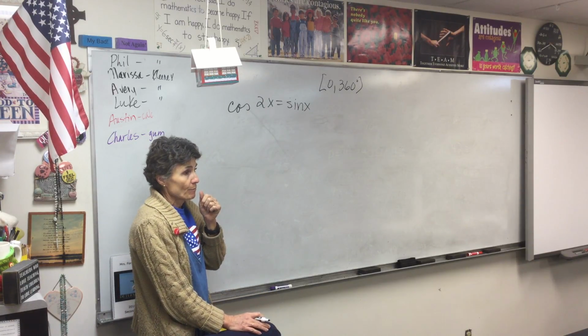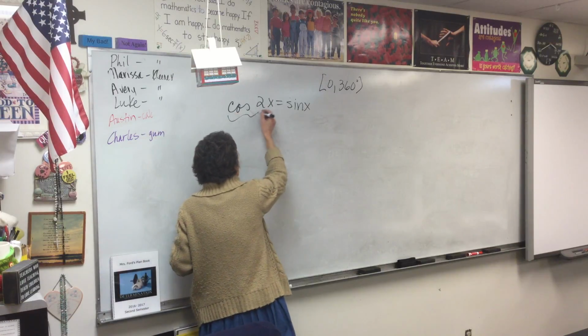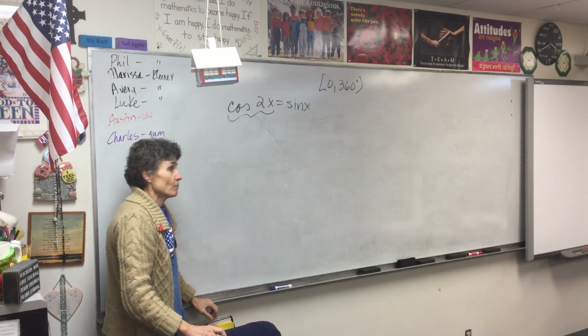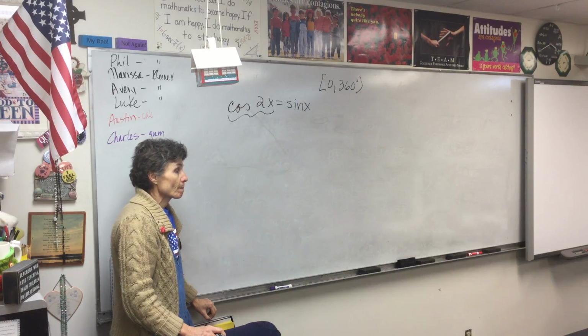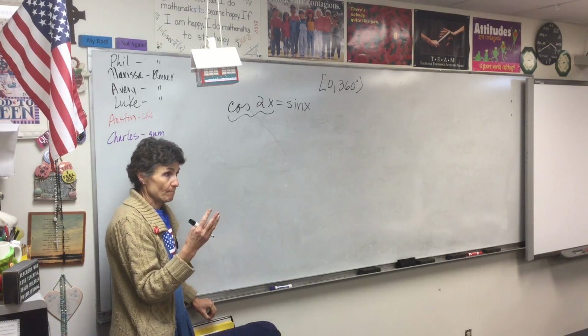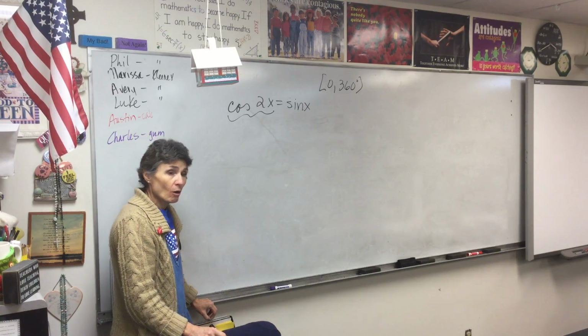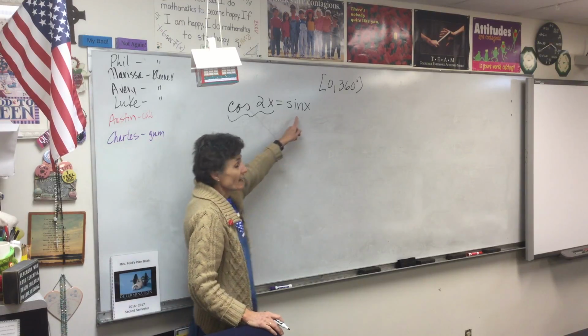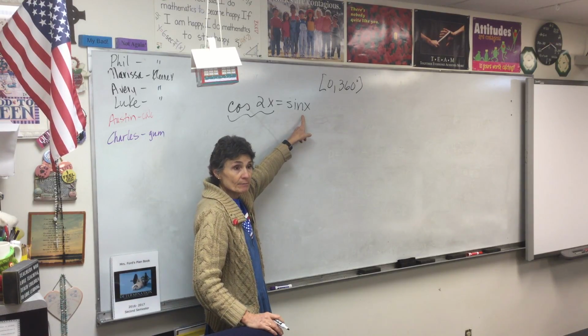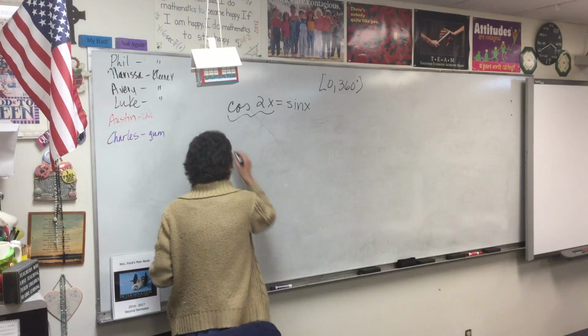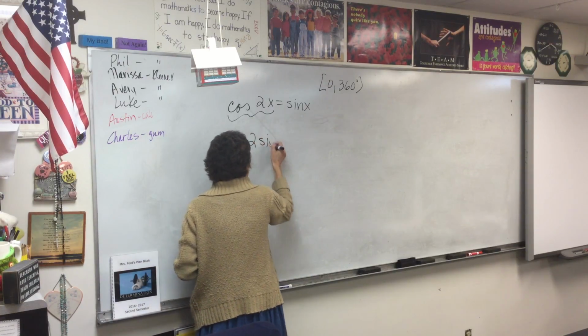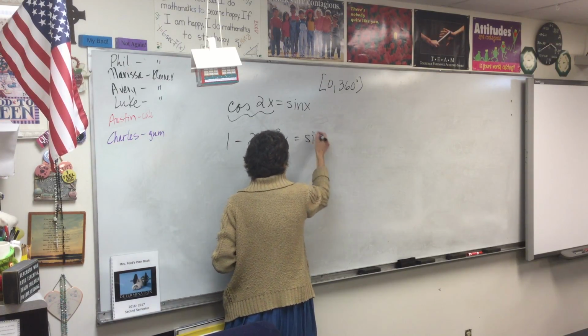That's not allowed. So we said, okay, we have a formula for the cosine of 2x. Actually, we have 3 of them. And the one we chose was the one that had a sine in it. So we had 1 minus 2 sine squared equals sine.